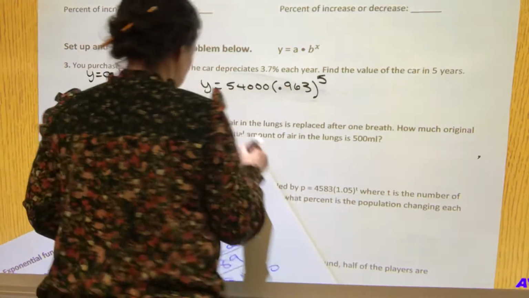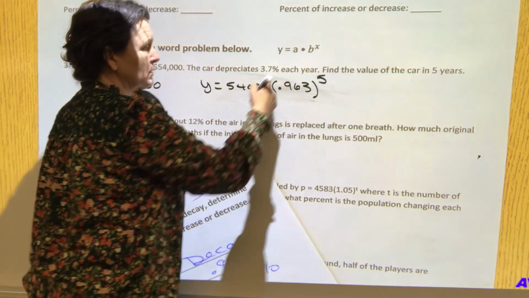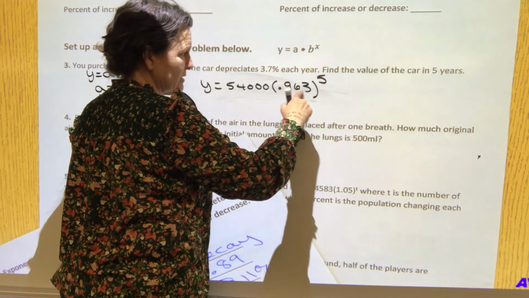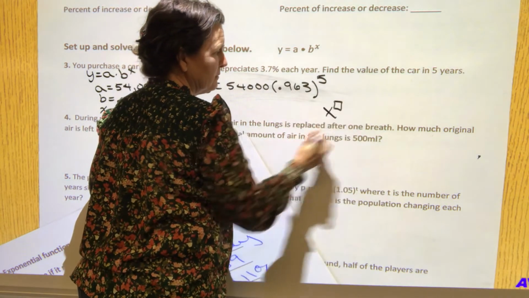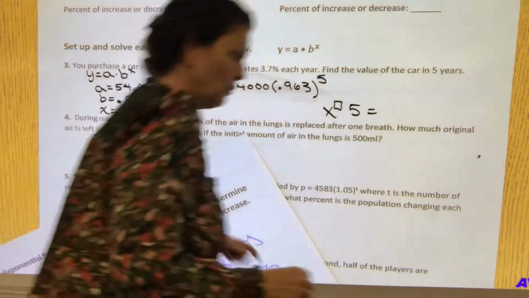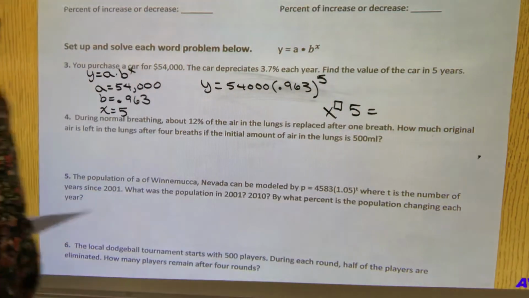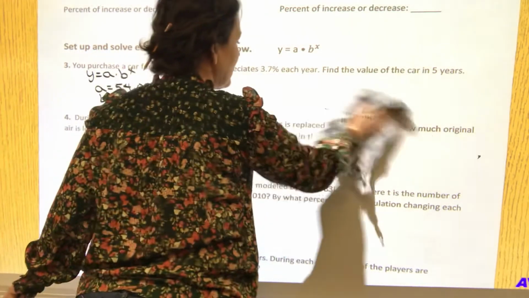So use this one in class. Let's check it out. So we have this that you're going to enter into your calculator: parenthesis, 0.963, end parenthesis, hit that cool button, 5, and then hit equal sign. And what you have out is a beautiful approximation of what that car will be worth in 5 years. Remember, it started out as a value of $54,000.